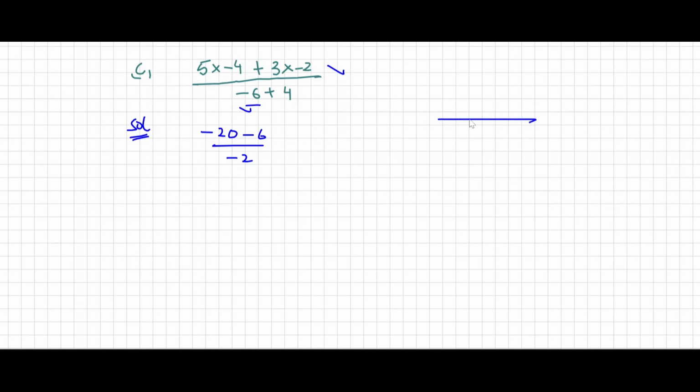Basically we are at 0, and at -6 on the number line, and we are adding 4, so we are moving towards the right side. It's -2. Similarly, in the numerator -20 and -6 you will get -26, and -26 divided by -2, the negatives cancel out and you will get 13.